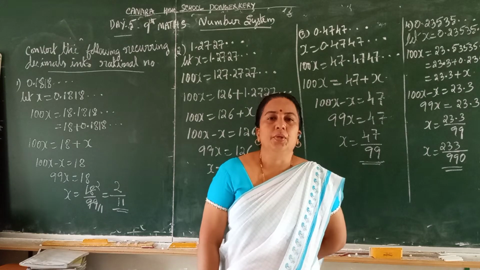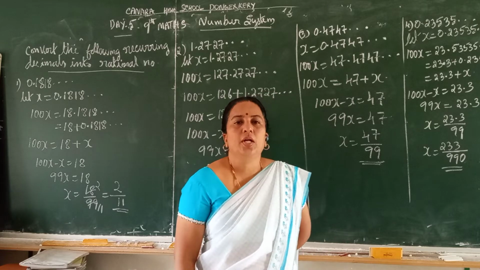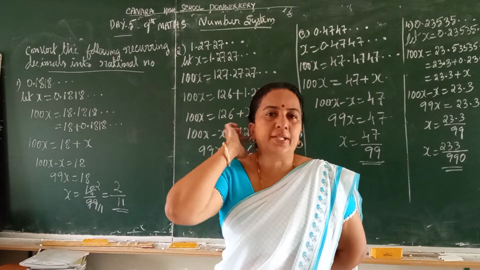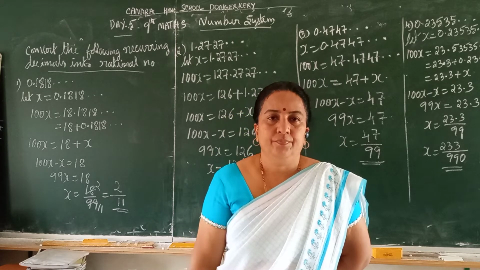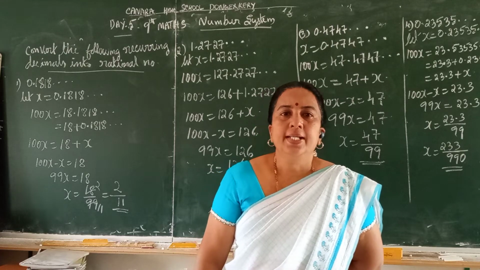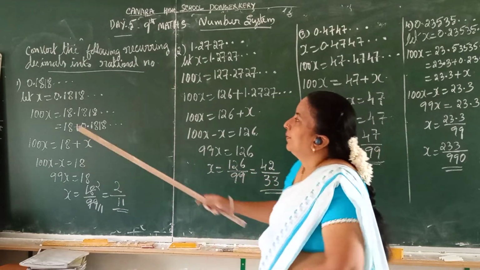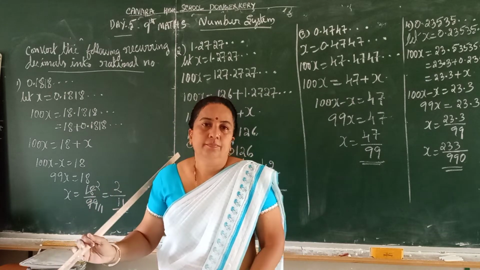In the last 2 days we have been discussing how to convert recurring decimals into fractions, in other words, rational numbers. Let us continue the same part. Let us take question 1: 0.1818.